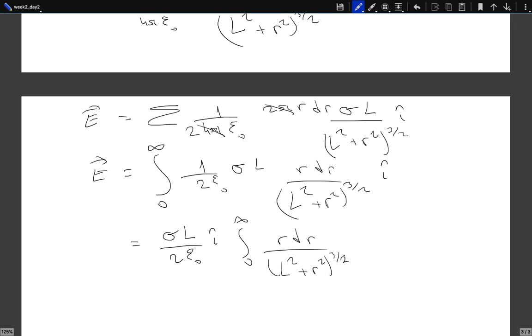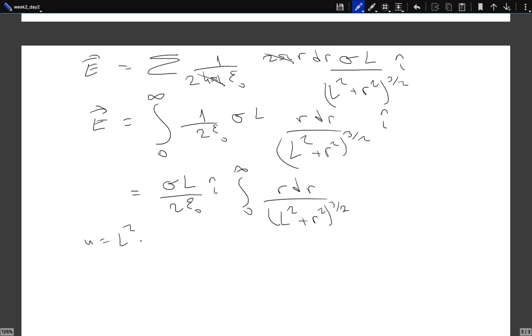So how do you propose that we evaluate this integral? Suggestions? Well, let's try.